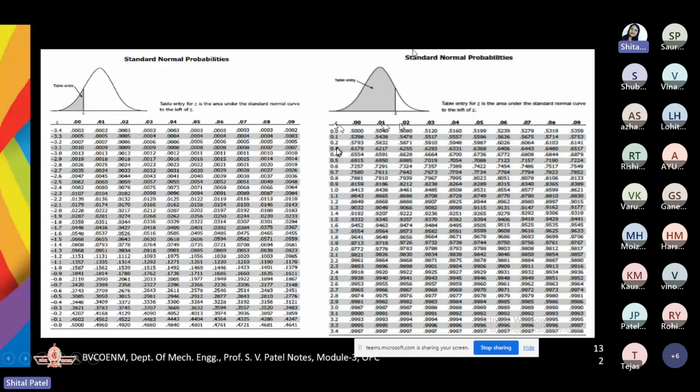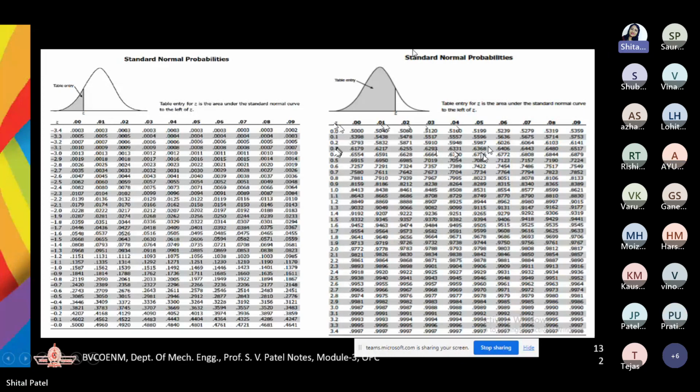Now you might have learned in mathematics how to read this standard normal table. So here, for 0.35, if you move your cursor towards 0.05 on the row of 0.3, you will be getting over here 0.6368. Do you get this value?